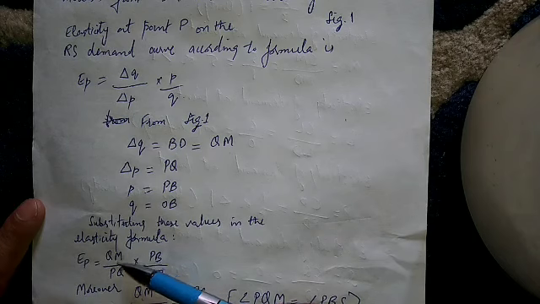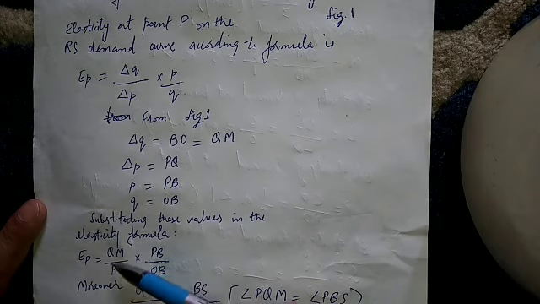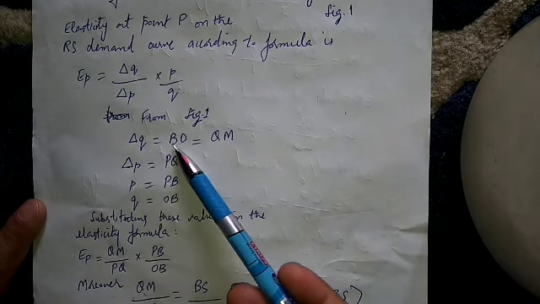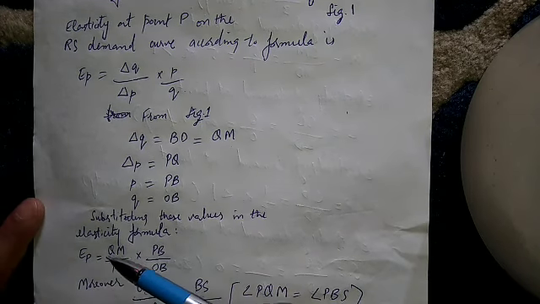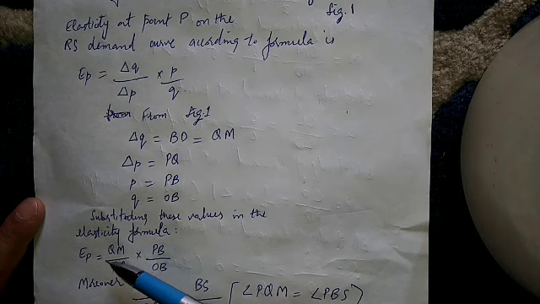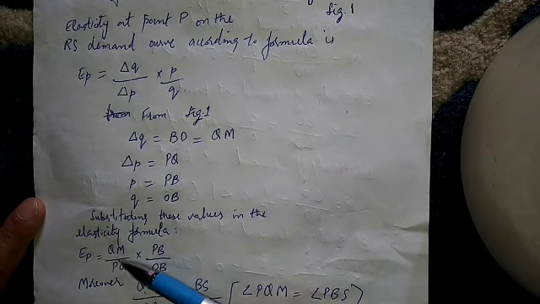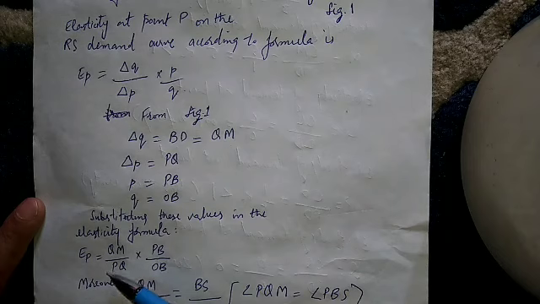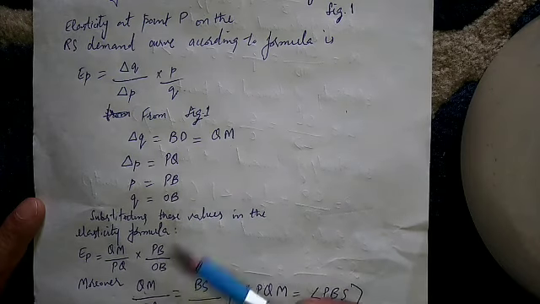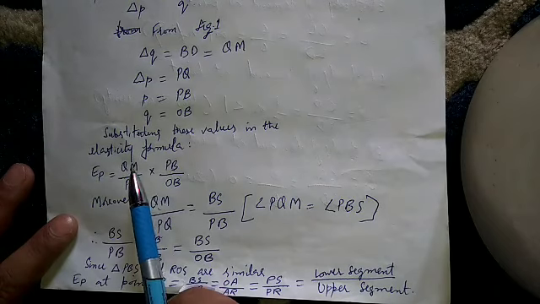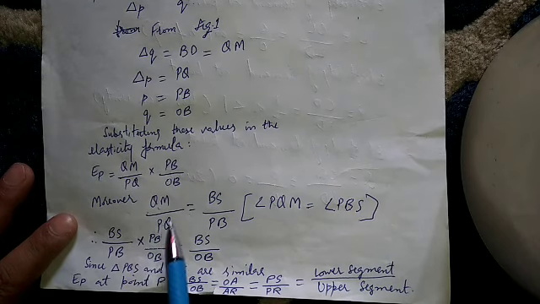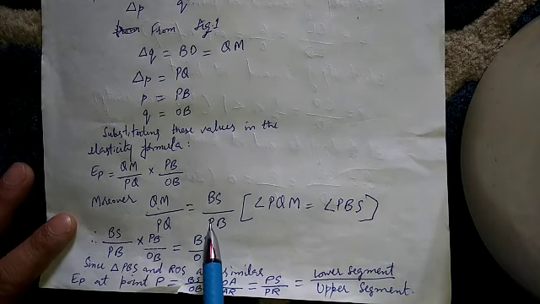We write QM by change in P, which is PQ, into price PB and Q equal to OB. Moreover, we can say that QM by PB is also BS by PB.